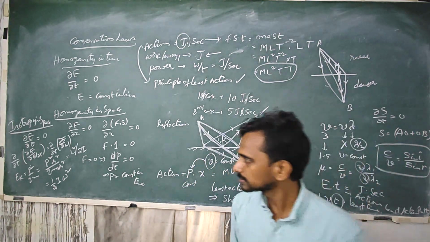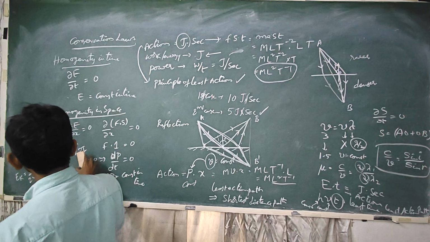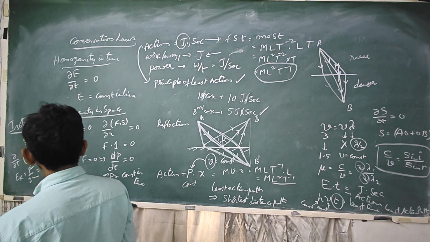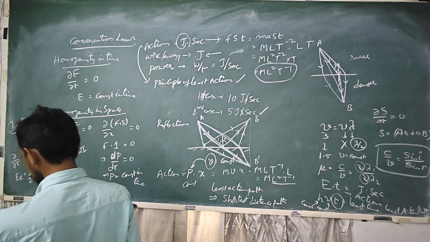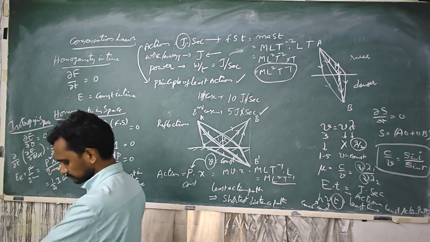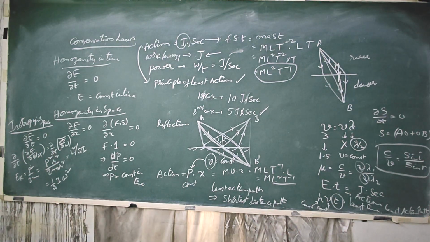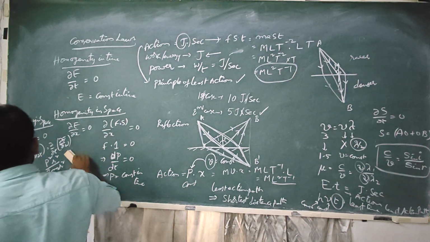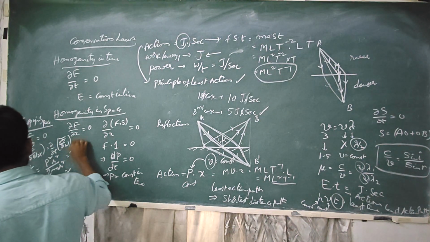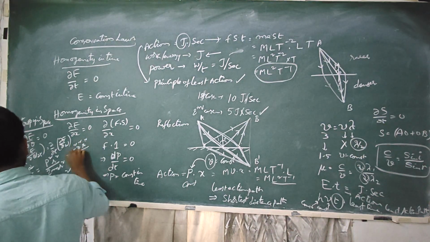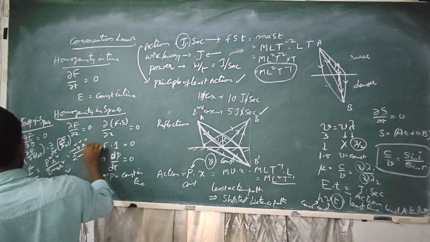How? P square r square is m square v square r square, divided by 2m r square.